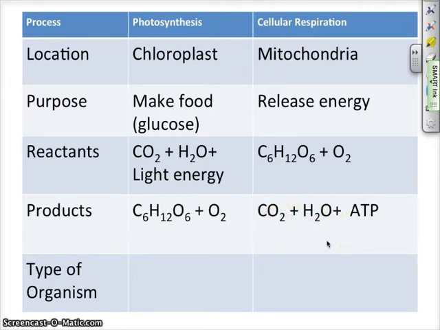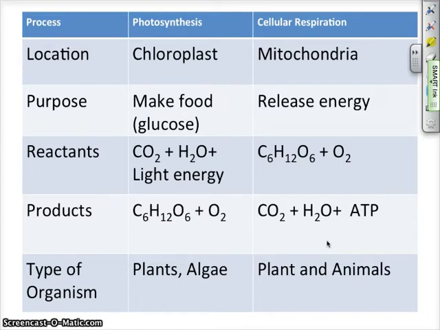The type of organism that does photosynthesis is mainly plants and also algae, which are an aquatic organism that sometimes looks green. Cellular respiration happens in both plants and animals. Remember, cellular respiration is what takes that glucose and actually makes it into usable energy.